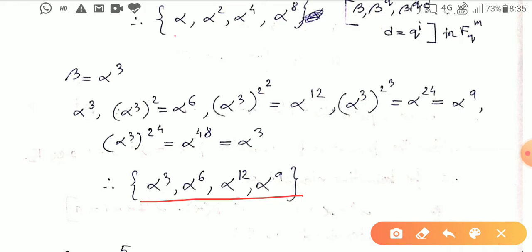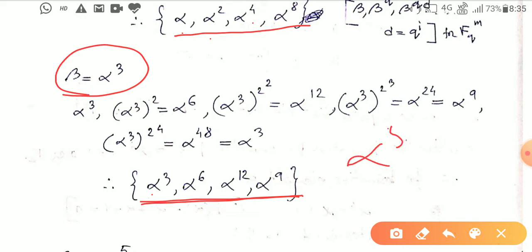So from the first conjugacy class and from the second conjugacy class, if we compare between these two, check that here alpha to the power of 7 is not present. Here alpha is present, alpha 2, alpha 3, alpha 4, sorry, alpha 5 also not present. So next you have to write the beta value as alpha to the power of 5.